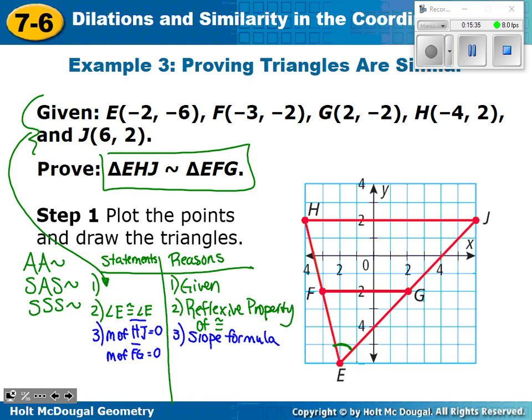Okay, we can't go there yet because what do we need to say now that the two lines have the same slope? That they're parallel. So first we have to say they're parallel. So we would say HJ is parallel to FG. And what tells us that if they have the same slope, they're parallel? Definition of parallel lines. You can just put parallel.